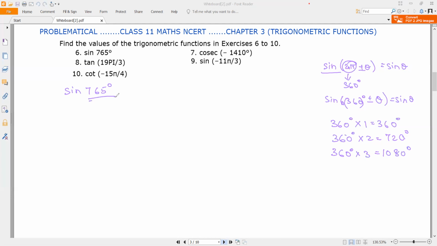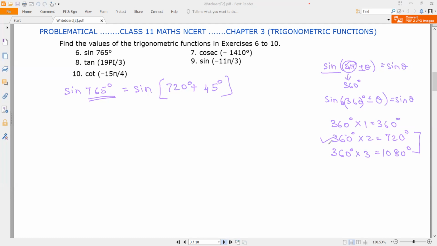Now, this value 765 lies between 720 and 1080. You can easily write 765 in multiples of 360 degrees as 720 plus some value. So subtract 720 from this, you'll end up with 45 degrees. So you can write this 765 as 720 plus 45. Why 720?